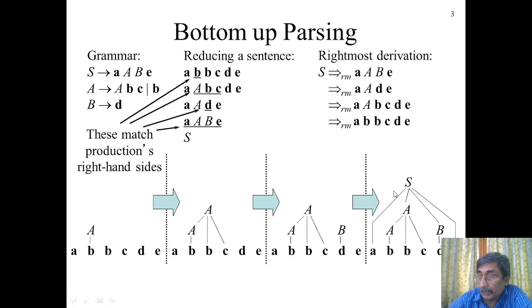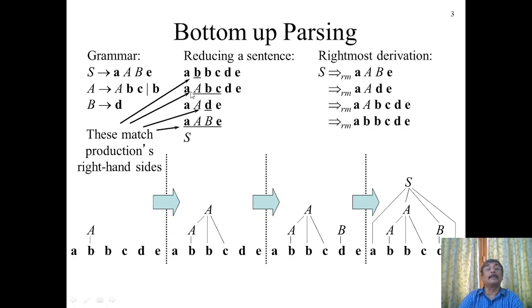And I think you remember that in LR0 parsing, we constructed a DFA so that these handles can be found out. The basic technique to find out these handles was to find out the longest viable prefix. Given any sentential form, the prefix which does not go past the handle is the viable prefix.